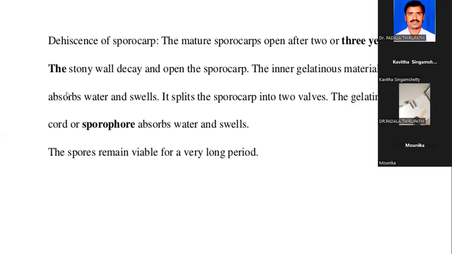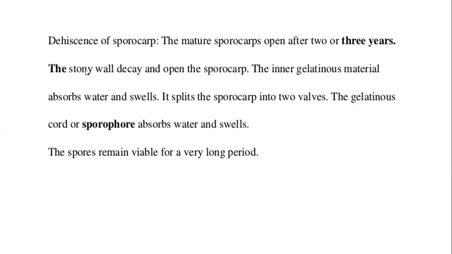After 2 to 3 years, I told you that the sporocarp is surrounded by a very hard stony layer, which we call the capsule. Now, that stony wall will decay, and the sporocarp is going to absorb the water and swell, and it will split into two equal halves.